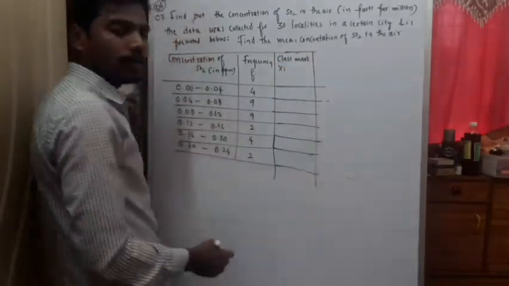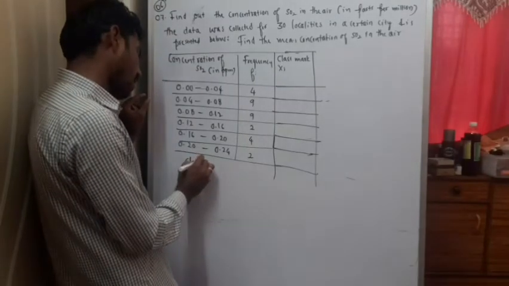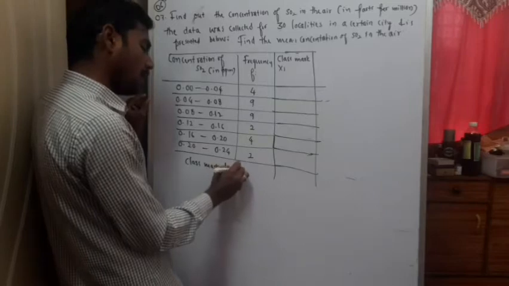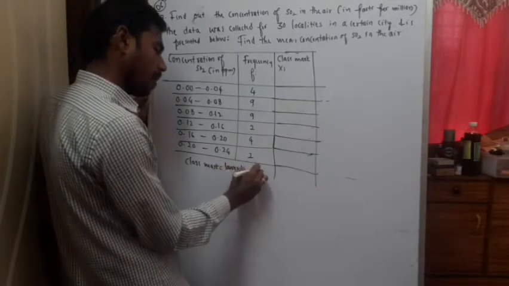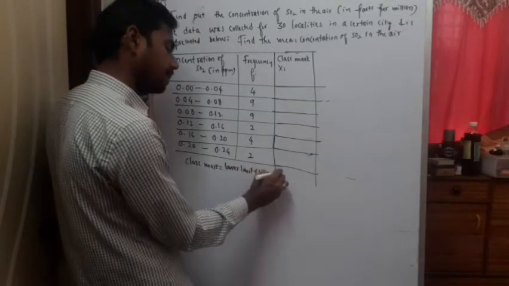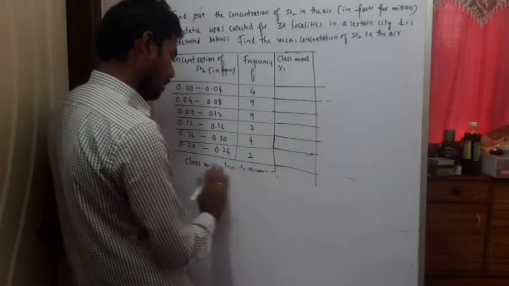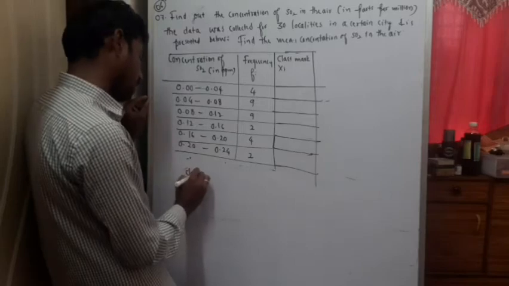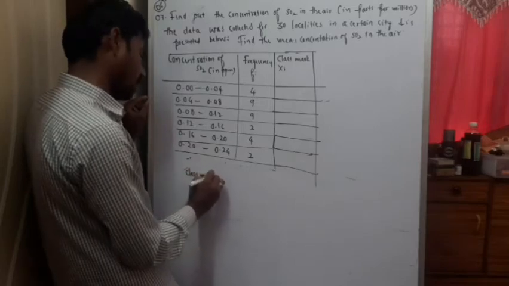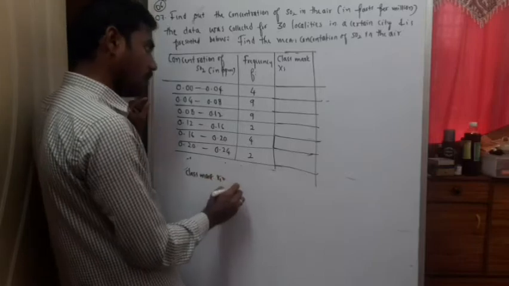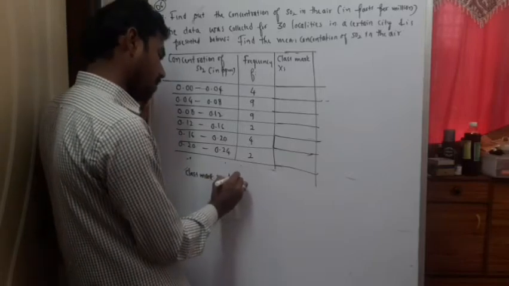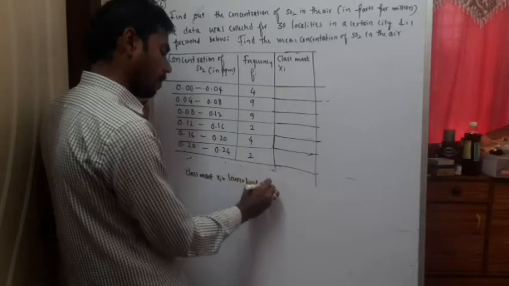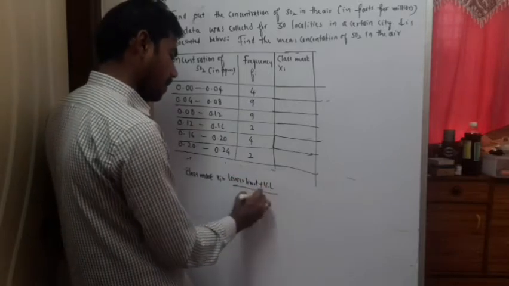Okay. How are we going to find the class mark? Class mark xi is equal to lower limit plus upper limit divided by 2.